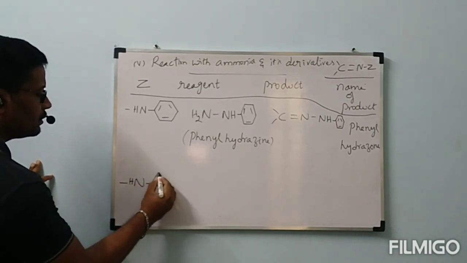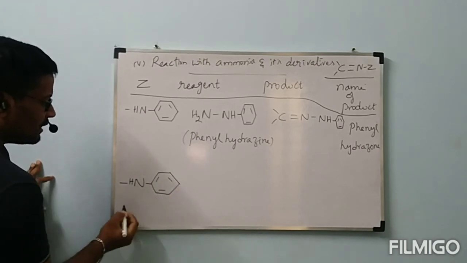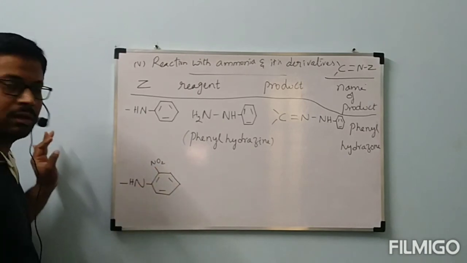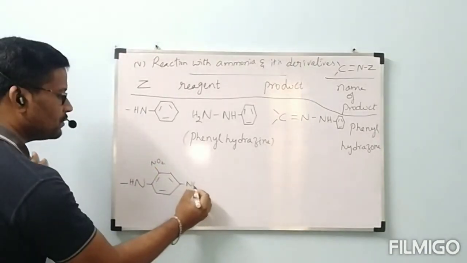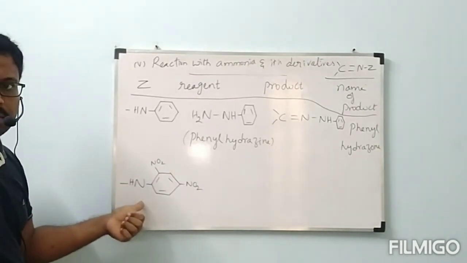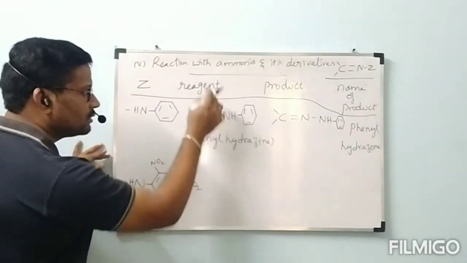NH. In the phenyl group, second position NO2 and fourth position NO2. This is the Z group. What is the reagent?